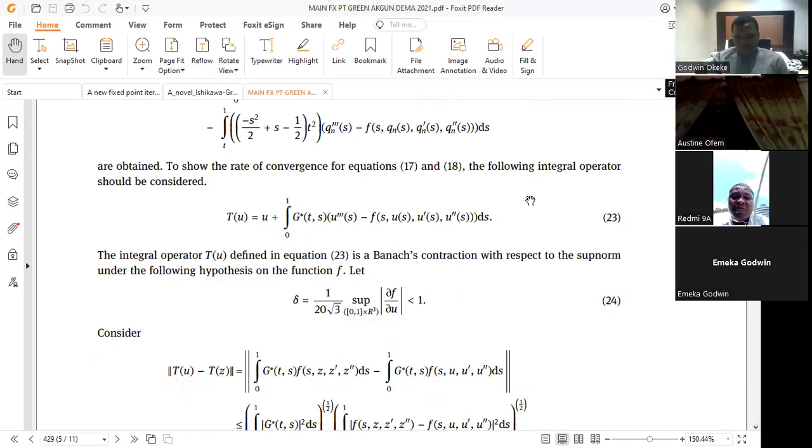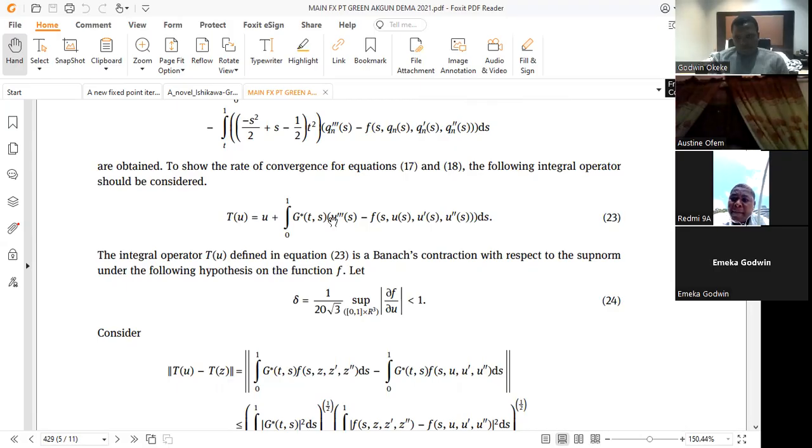It has been a very beautiful concept because even those in applied mathematics are using it in obtaining the uniqueness and existence of the solution. So the Banach contraction mapping principle guarantees existence.